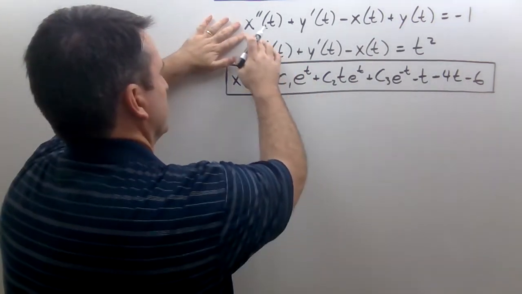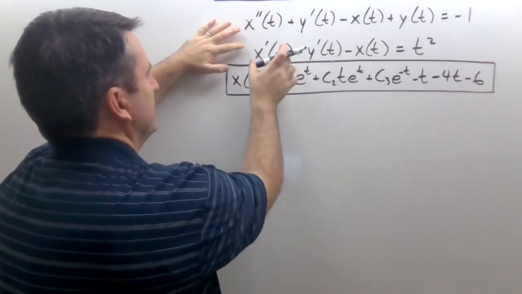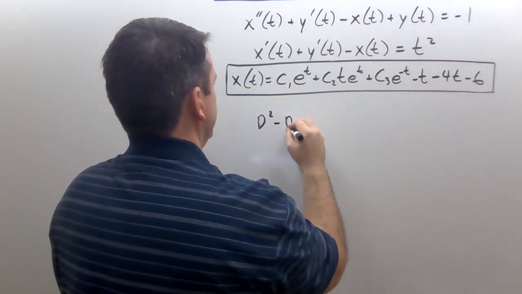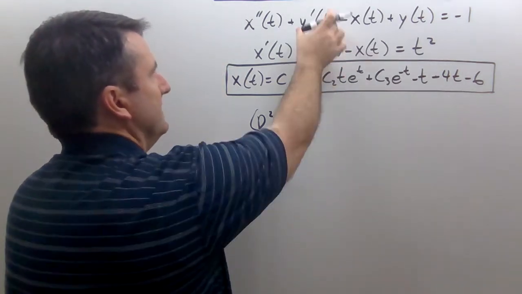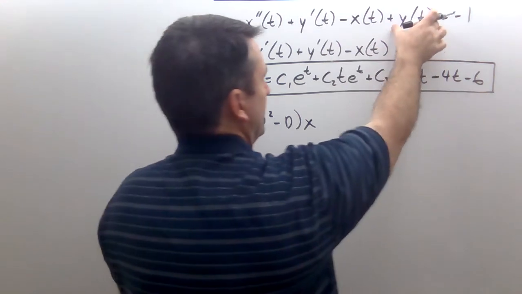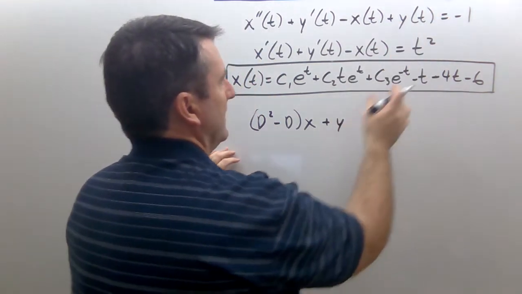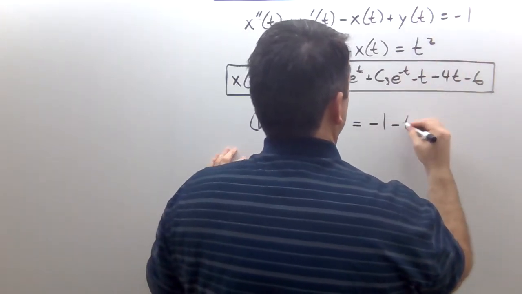So let's do that. We're going to get the second derivative of x minus the first derivative of x. So d squared minus d times x. These will subtract to 0. These will subtract to 0. Plus y is equal to negative 1 minus t squared.